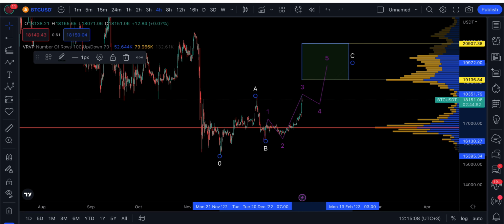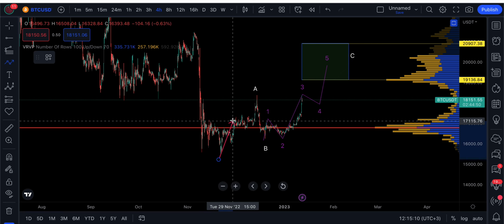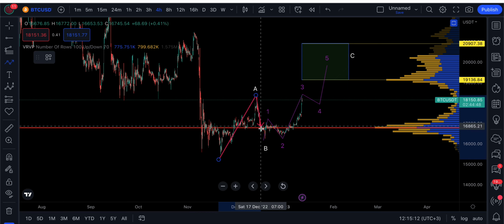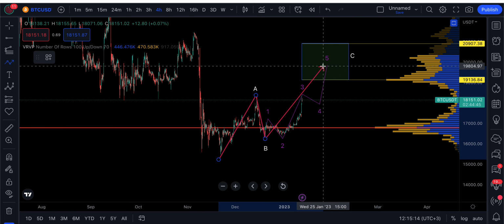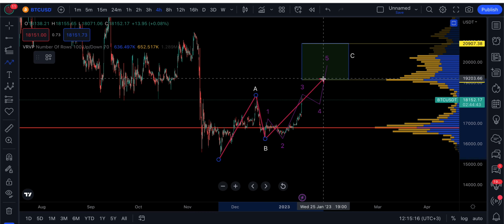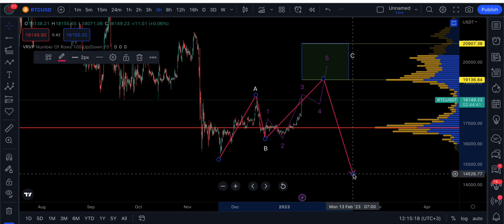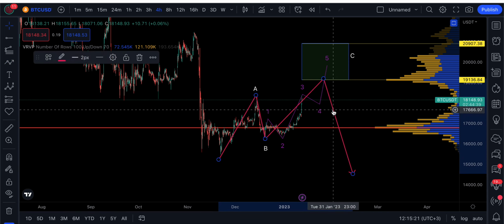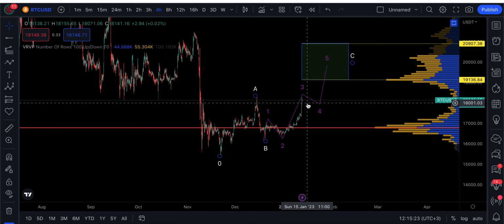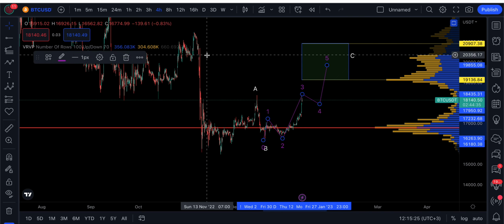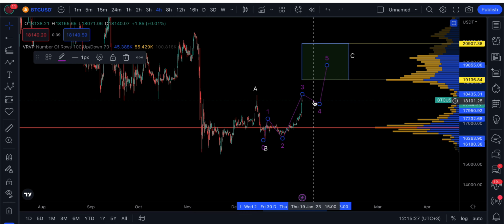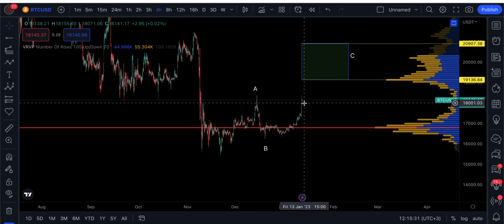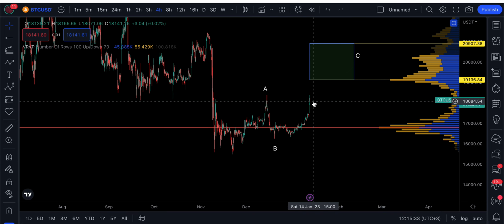From here, we've had 1, 2, 3, a connector, and 5 waves up to this area, and I'll be expecting a move to the downside. For now, we bulls are in control. We might have a slight pullback. Actually, we have gone past the usual ending point of wave 3.